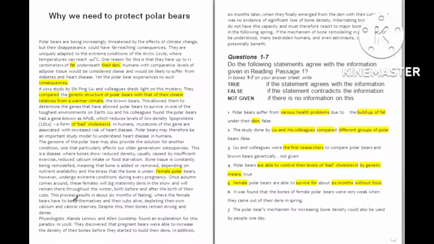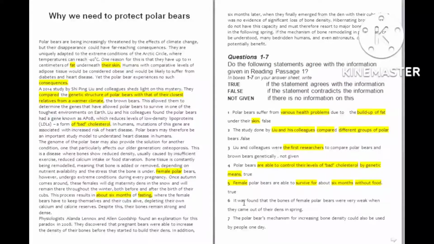This process results in about 6 months of fasting. Fasting means no food. Here they use the word fasting instead of without food, so without food is the synonym of fasting. We find the words about 6 months without food. So the information totally matches the question, and the answer would be true.